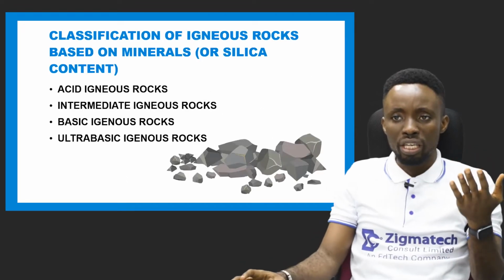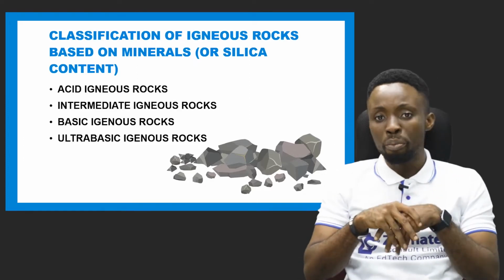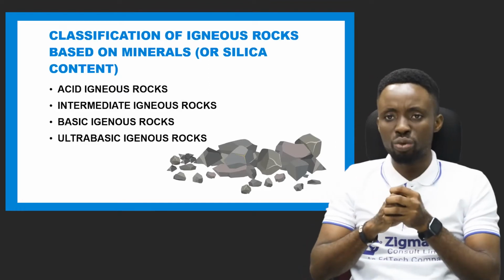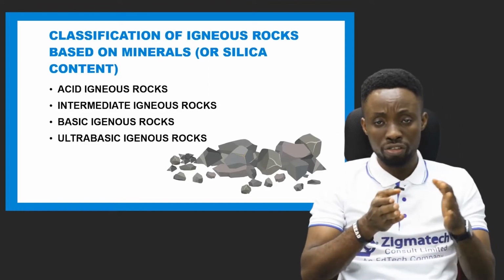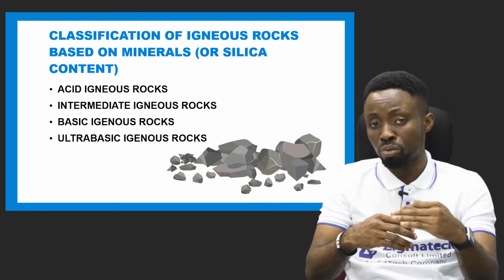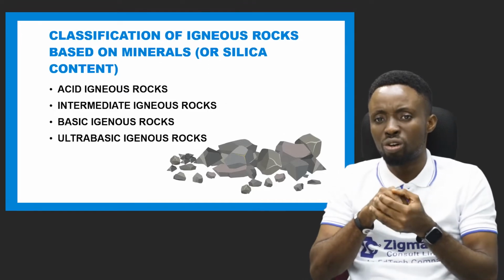The igneous rock can also be classified based on the content of minerals we have in it. The first one we've looked at is classification based on its location, above or below. Now, it can be classified based on its mineral content.